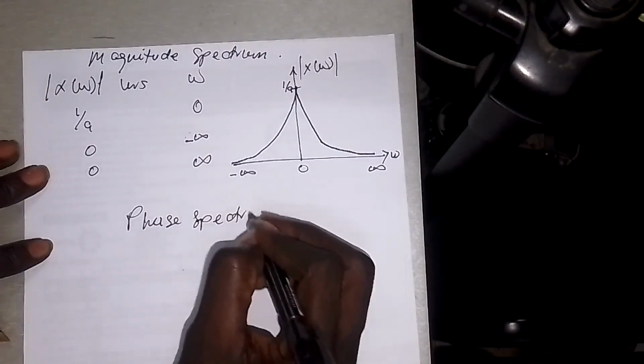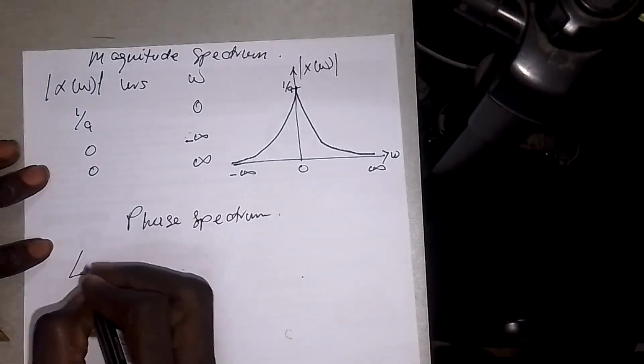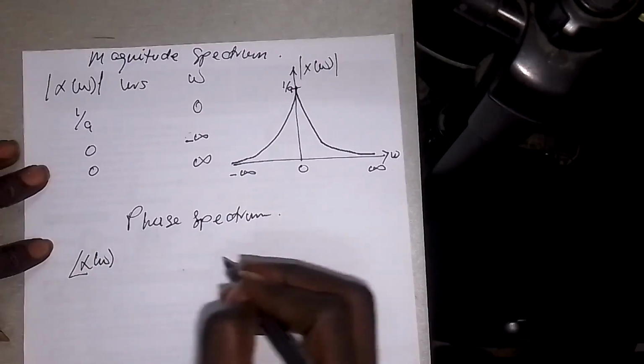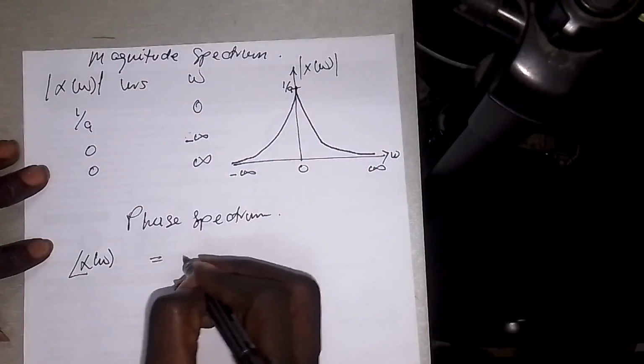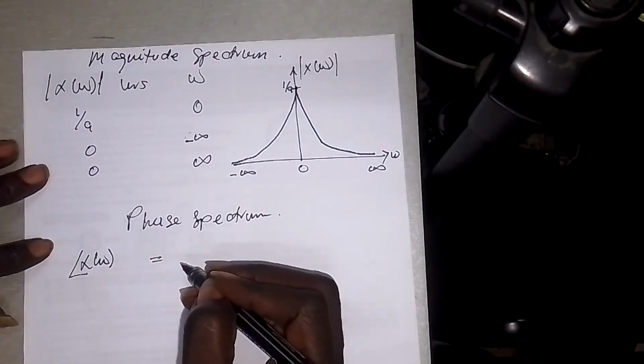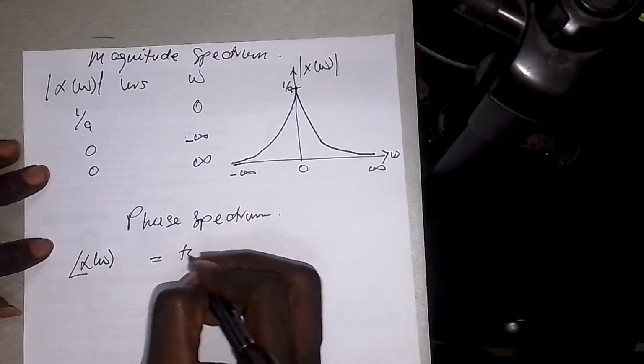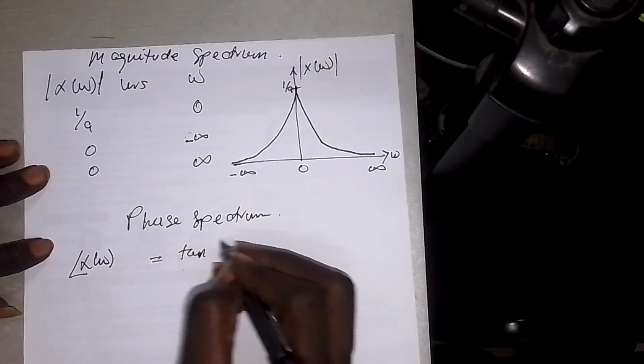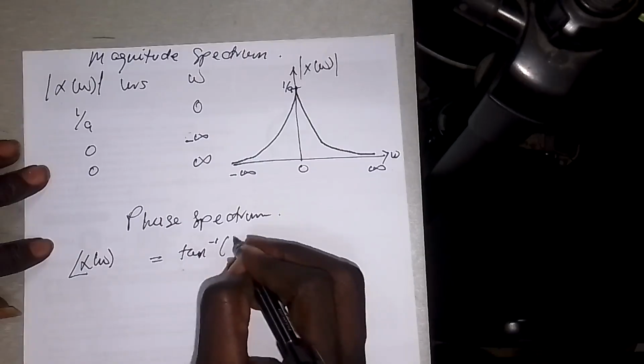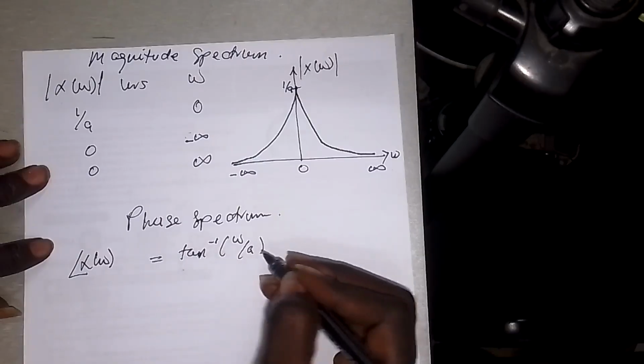The phase spectrum. Okay. So this is the angle of X of omega, which is equal to the tan inverse of omega on a.